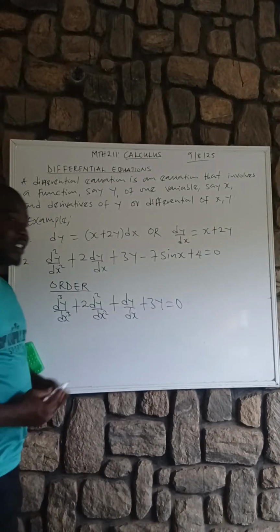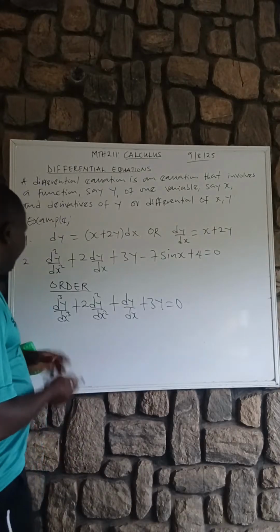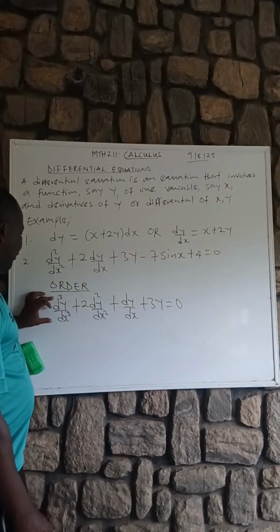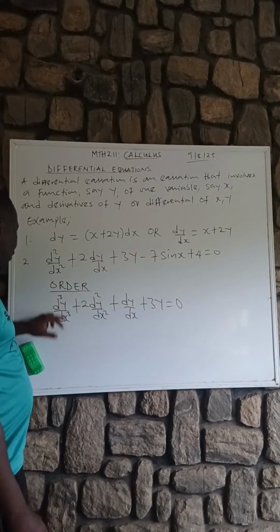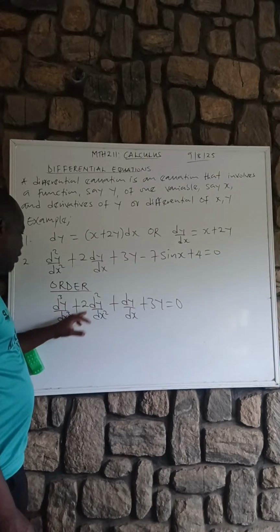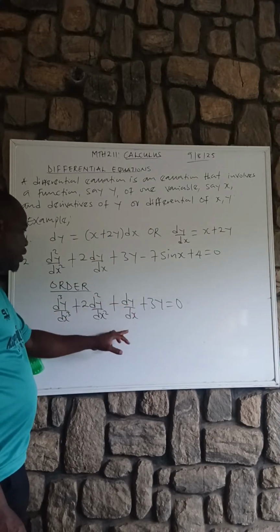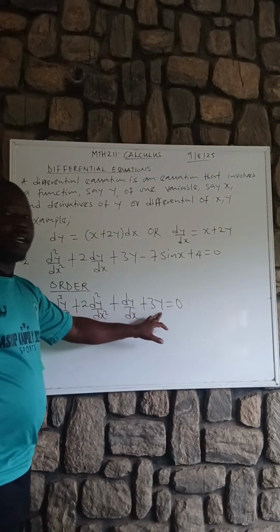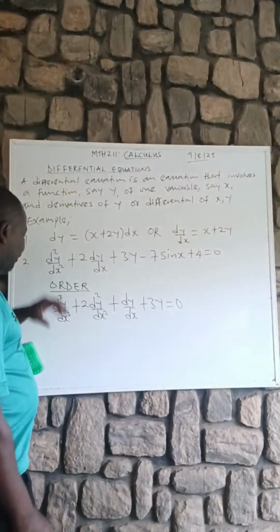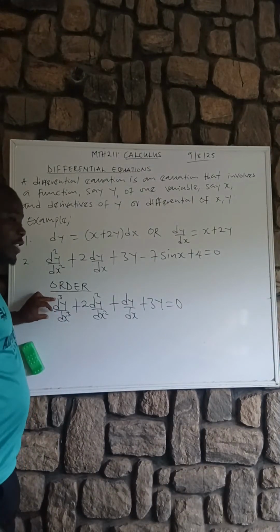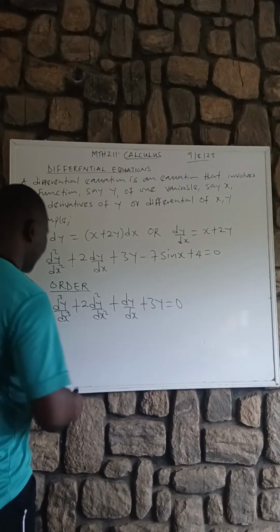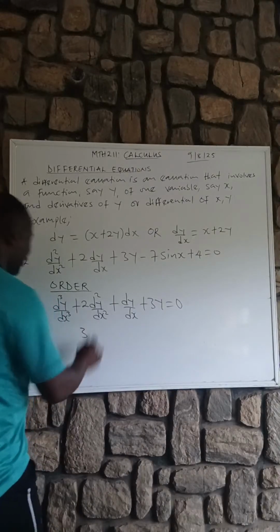The order of this differential equation is, as you can see, we have d cubed y over dx cubed plus 2 d squared y over dx squared plus dy over dx plus 3y equals 0. So the highest order here is 3. So the order of this differential equation is 3.